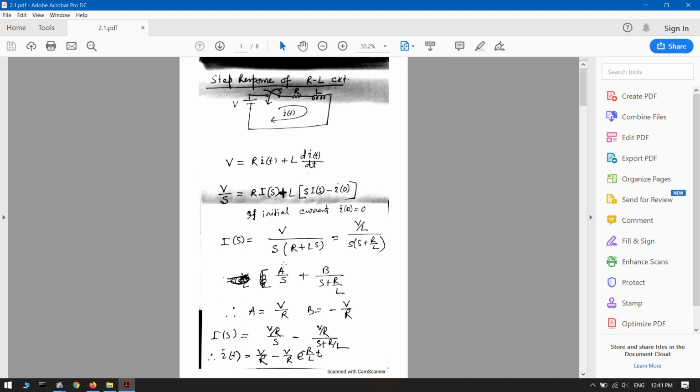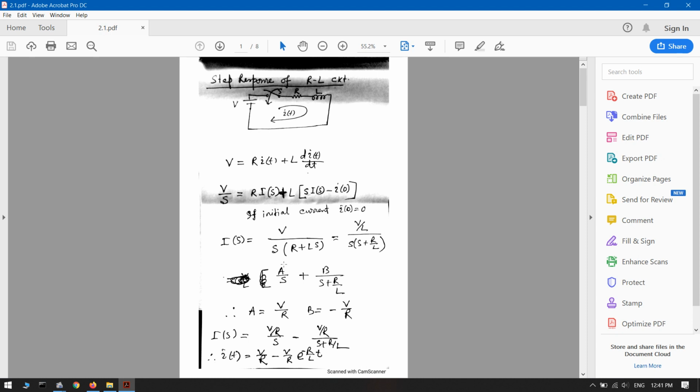From that equation we are able to find the expression of current. Basically, we have applied Laplace transformation, done some manipulation, expressed I of s in s domain, and then taken the inverse Laplace transformation to get the current in time domain. So you have got the solution, isn't it?